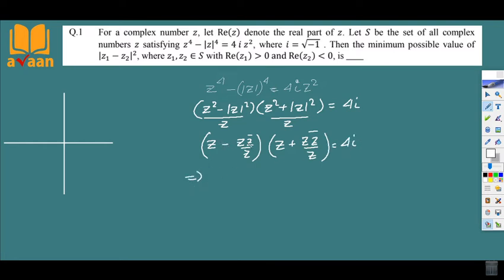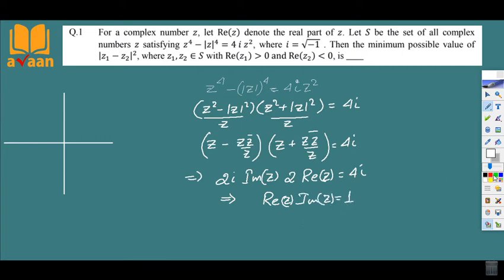Which would simply imply that this is z minus z conjugate, which is 2 iota times imaginary part of z, into z plus z conjugate, which is 2 times real part of z, is equal to 4 iota, which implies that the product of the real part of z and the imaginary part of z is 1.